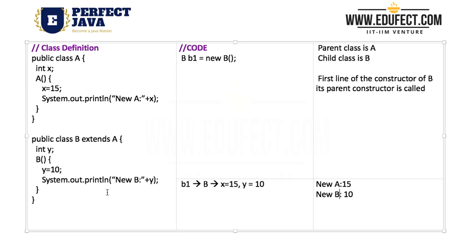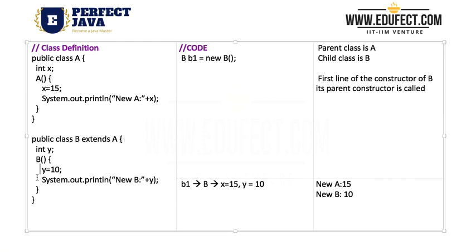So let's understand this again. Whenever we are constructing an object of the child class, in the first line, whenever the constructor is getting called, the constructor of the parent class will get called. So which is why in this case, we call the constructor of B. Now once we came here, the first thing that will happen is that the constructor of its parent, which is A, will get called.